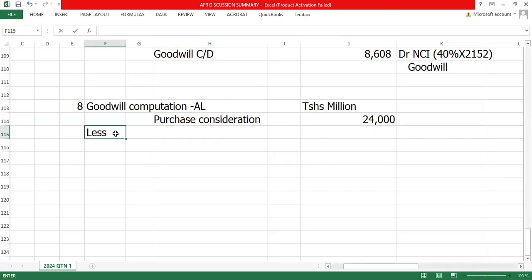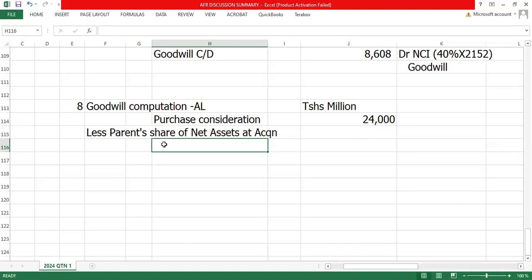Then less the parents' share of net assets at acquisition. It is 80% times what?